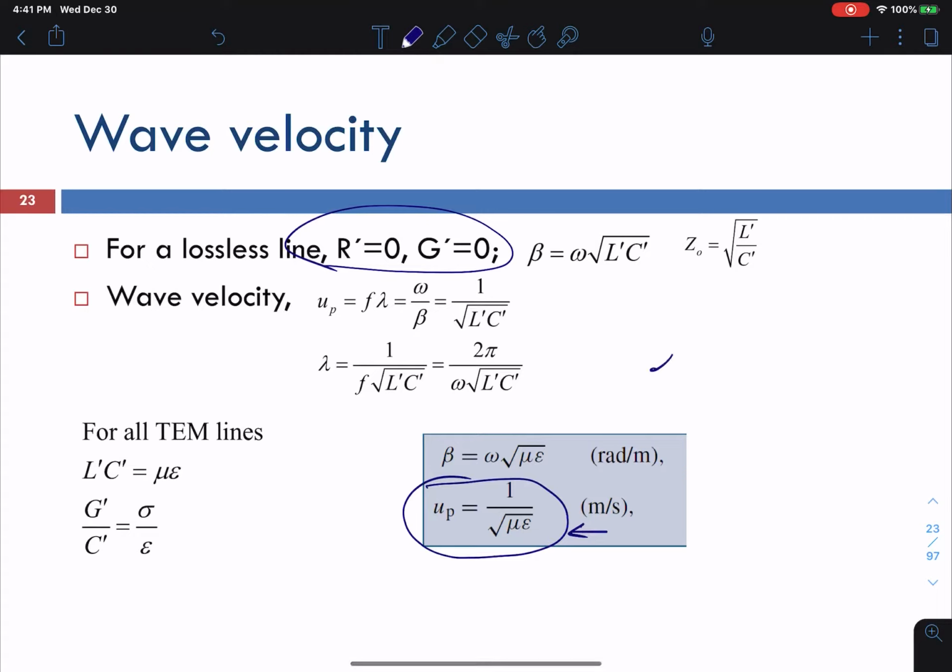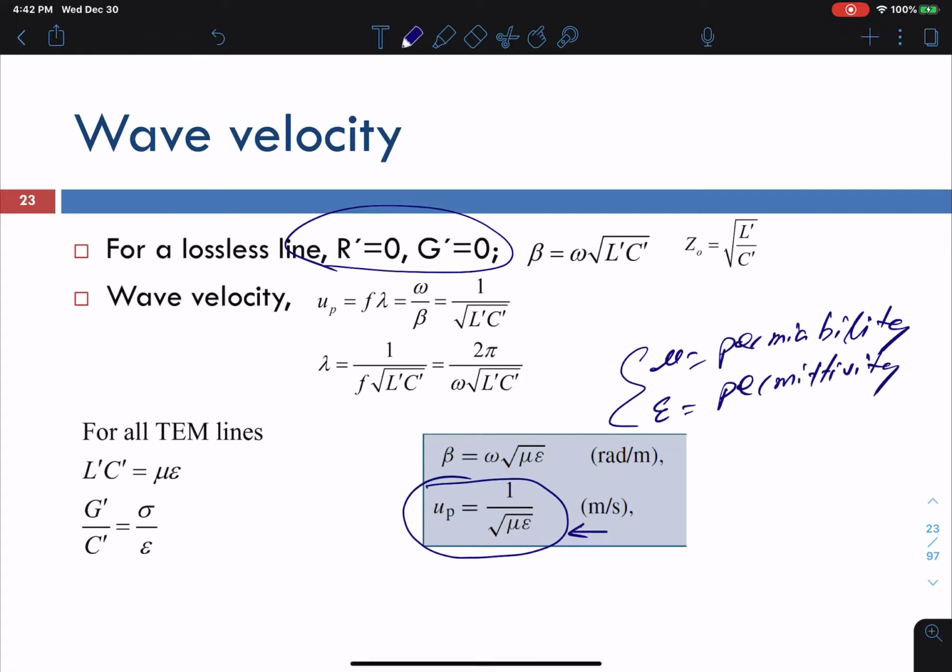And you know mu is permeability, a property of materials for magnetic field, and epsilon is permittivity, that's also a property of materials for electrical signal. So it now depends on material properties. So how fast your signal is going depends on material properties mu and epsilon. And same here, your beta also depends on material properties, mu and epsilon, right?